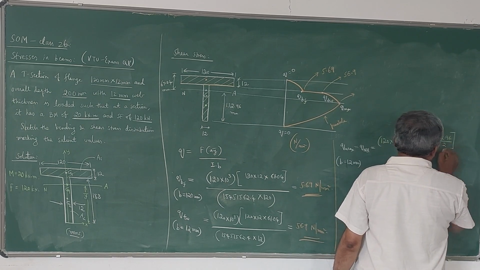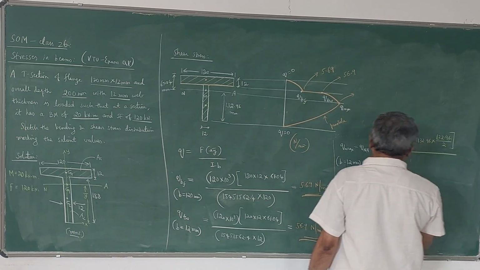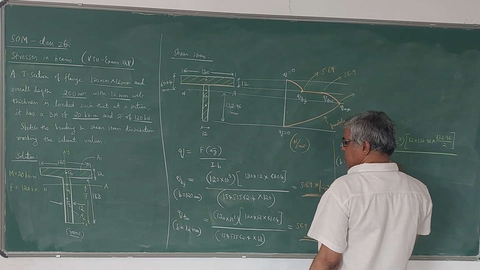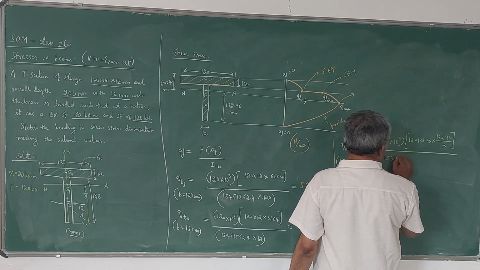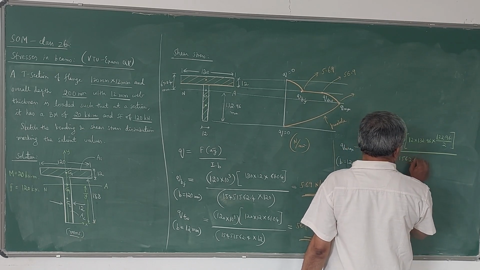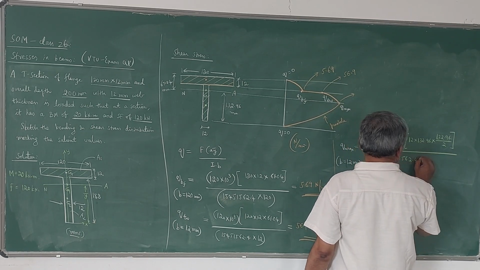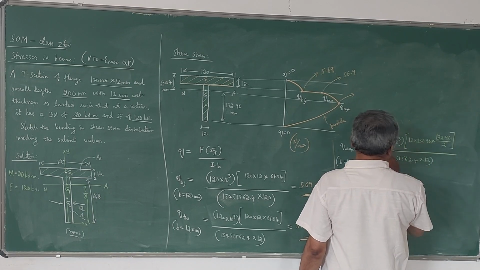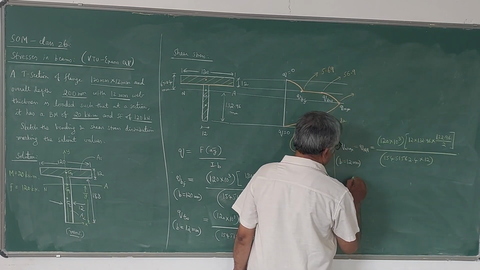So this is A into Y bar divided by I, which remains same, I is 154,515,62.4, into B is 12.